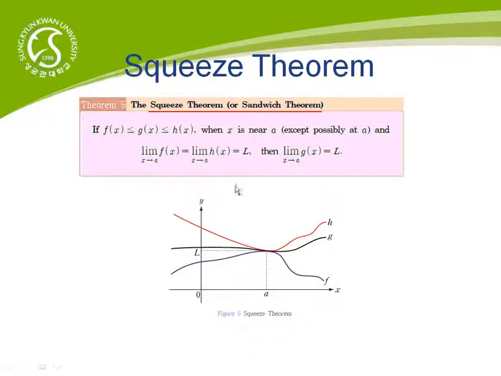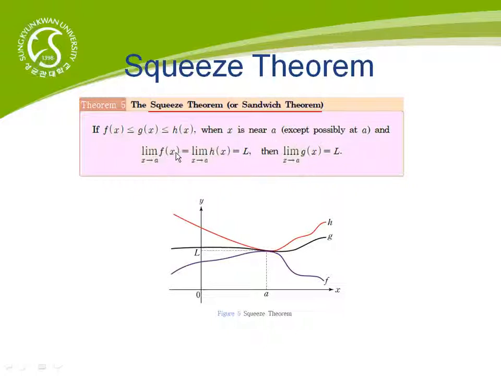Okay. Next, squeeze theorem. To find the limit, this theorem works very well, which is also called the sandwich property. Suppose g of x is in between f of x and h of x. Then, when x approaches a, we have the following fact.